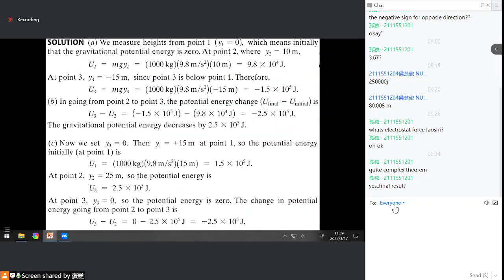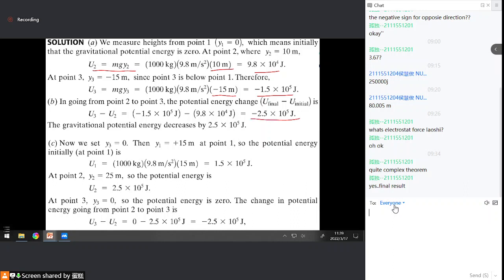For the first part, U2 is equal to mg y2. If we choose point 1 to be 0, as we mentioned, y2 should be 10. For y3, it should be minus 15. And that's the potential energy. The change in potential energy is equal to U3 minus U2.